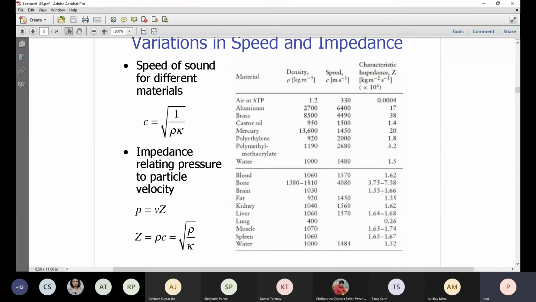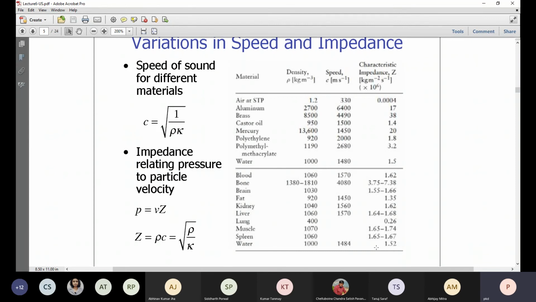Blood to bone is a good acoustic discontinuity, and some discontinuity is also available elsewhere, but lung has a very good discontinuity. The others are very similar in acoustic impedance.